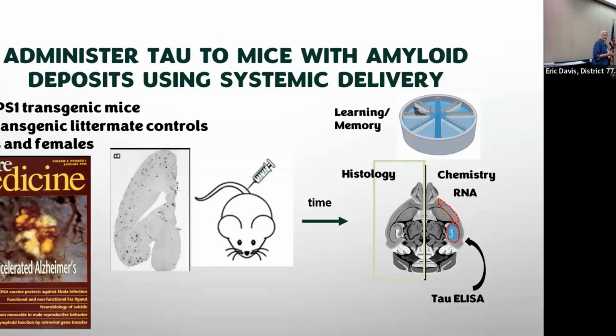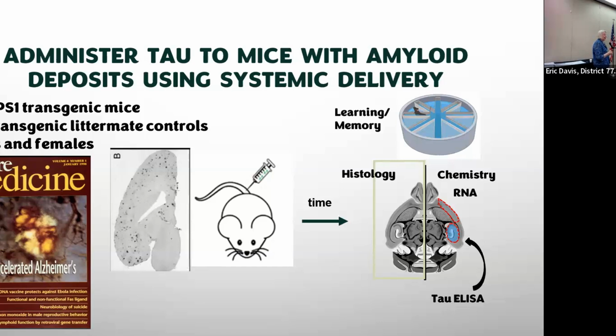If an individual is unlucky enough to get at least one mutation from one parent, they will definitely get Alzheimer's disease. And those are early onset cases that are extremely rare in the population. Most people do not have those mutations. But we started with these mice and we generated mice that have these amyloid plaques.